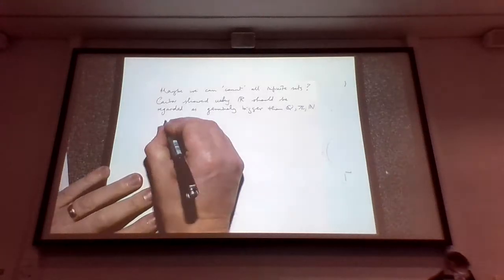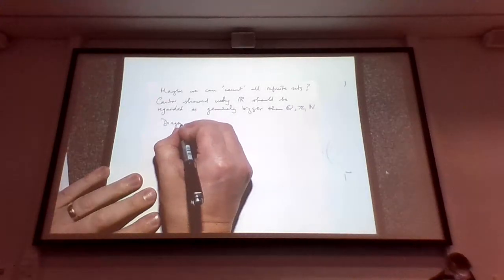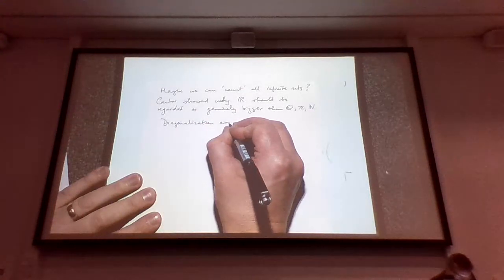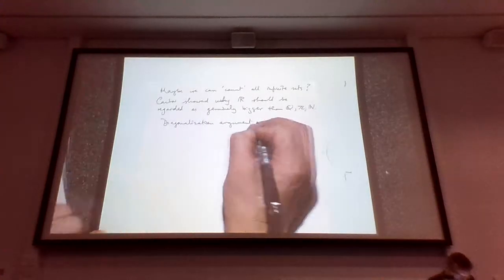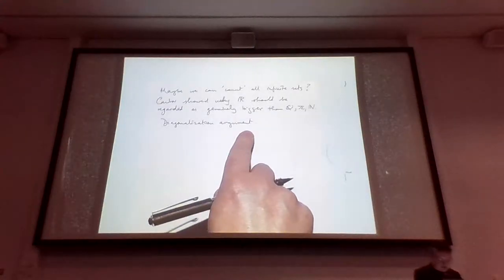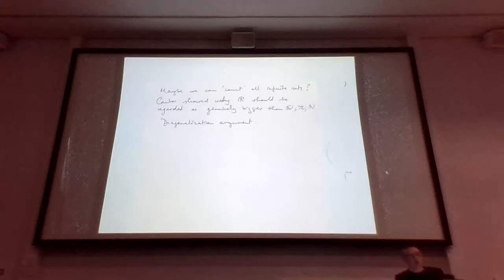And the way he showed this was using his diagonalization argument. Okay, this one is kind of a diagonalization, but the diagonalization argument refers to his proof of why you can't count the real numbers.